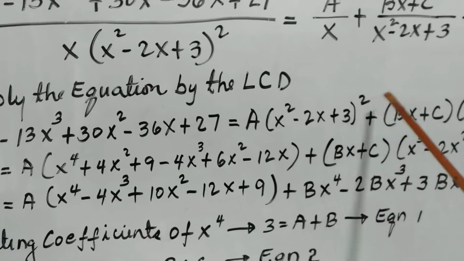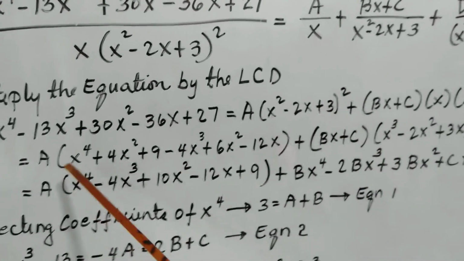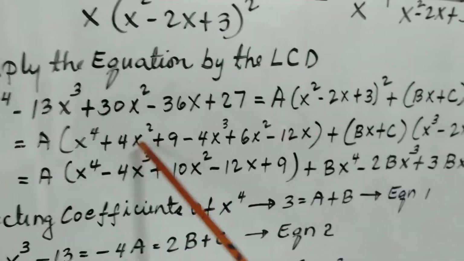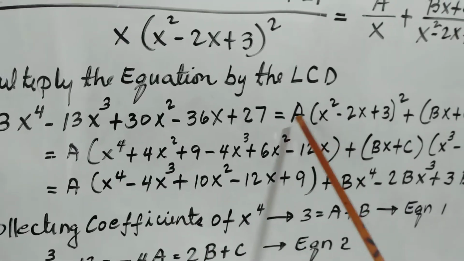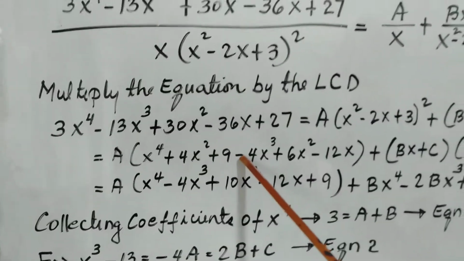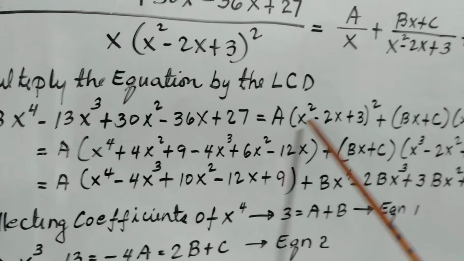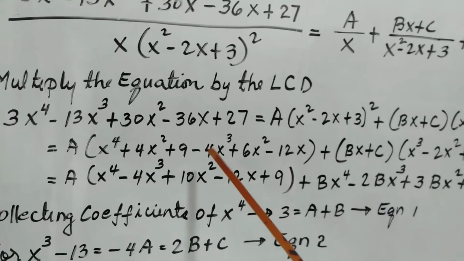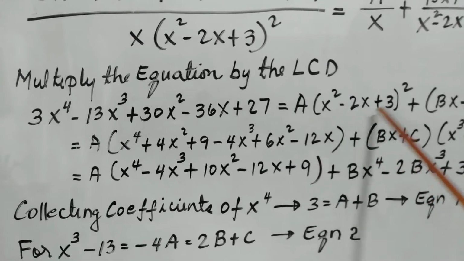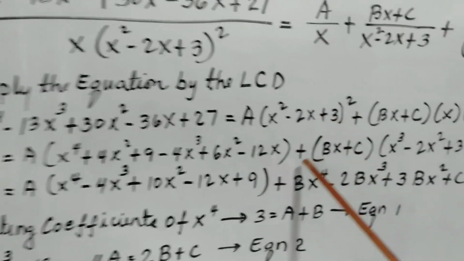If we square this one, the 3 times x to the fourth, x squared, you just multiply: x squared plus 4x squared plus 9, and then this one we multiply: minus 4x cubed plus 6x squared minus 12x. We just multiply 2 binomials at a time.